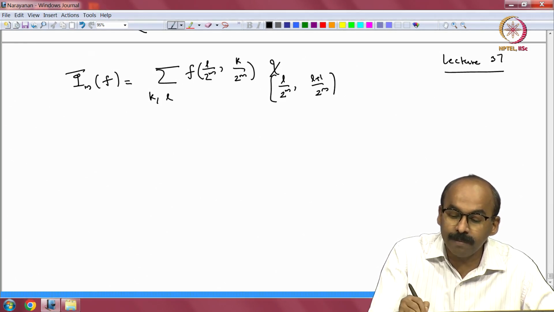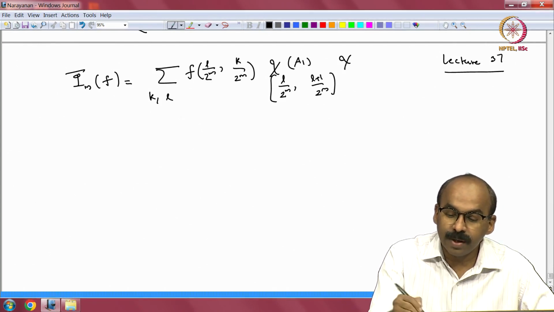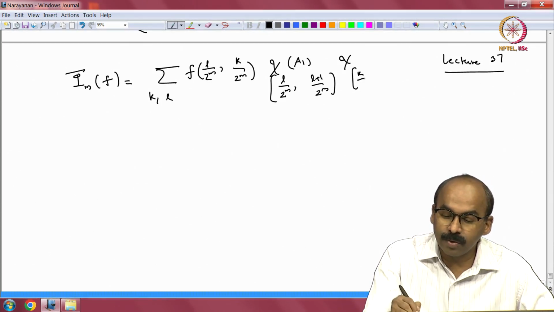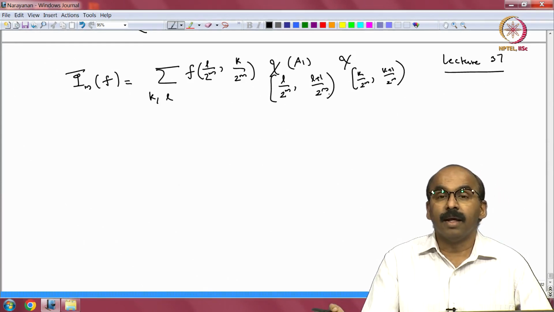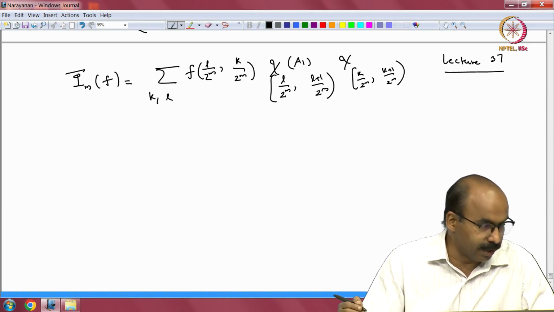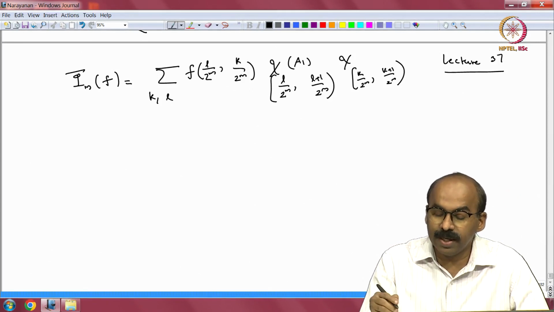This is at the mth level; that is what you should remember. Strictly speaking, one should put an open interval there so that these intervals are disjoint. So k and l will run over admissible numbers. We have seen that.